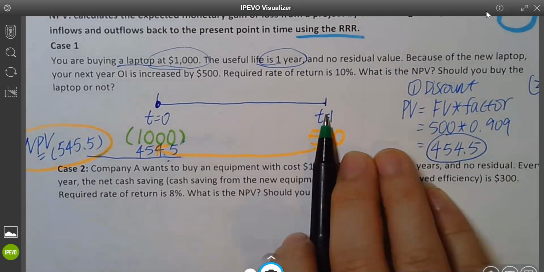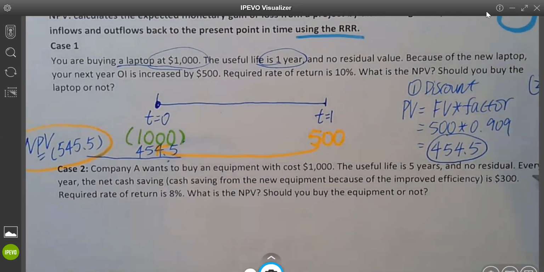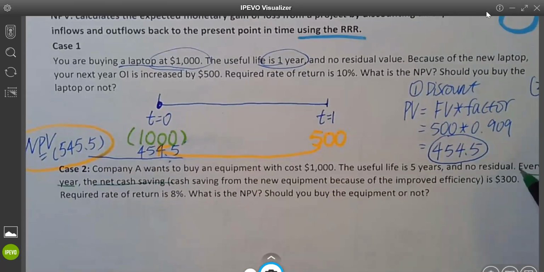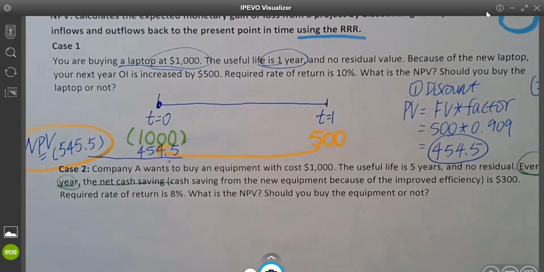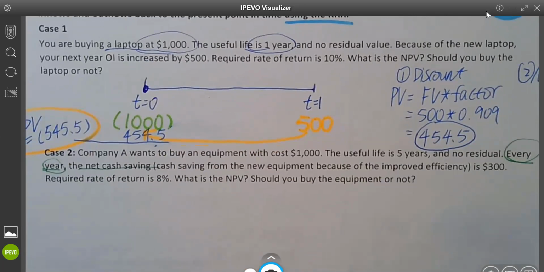In case 2, the key words are "every year": the net cash saving will be how much every year? When I say every year, it's an annuity.